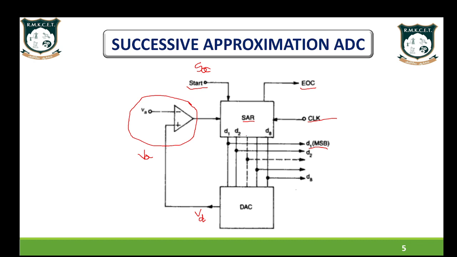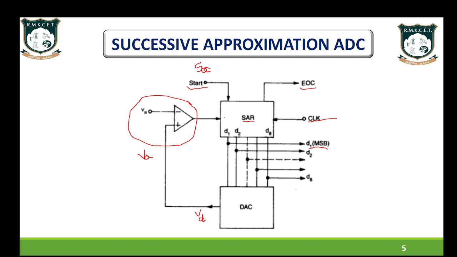The SAR, successive approximation register, is enabled by applying a clock, and its outputs, with D1 denoted as MSB and D8 as LSB, are fed into the DAC, the digital to analog converter. The digital voltage obtained is compared with the analog voltage, and based on certain conditions the output is selected.